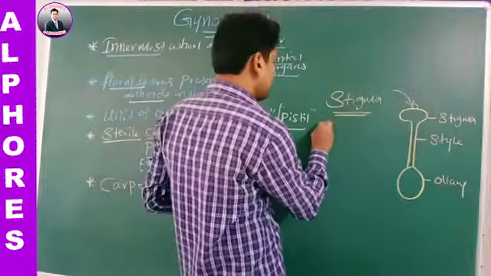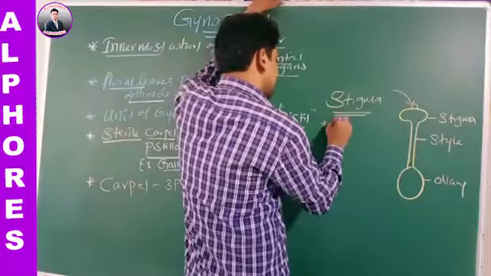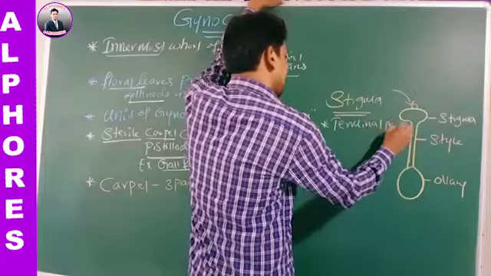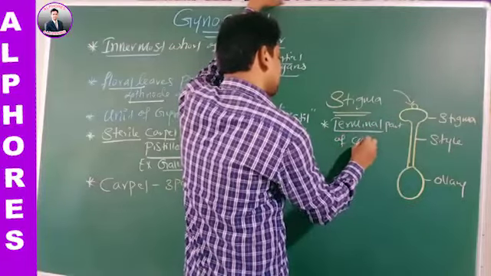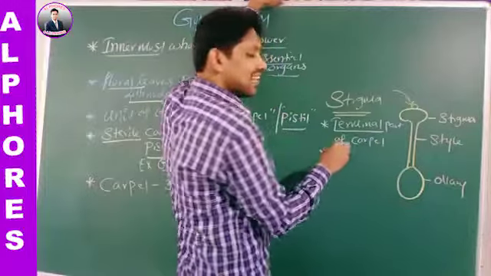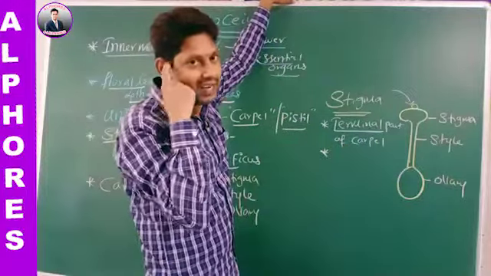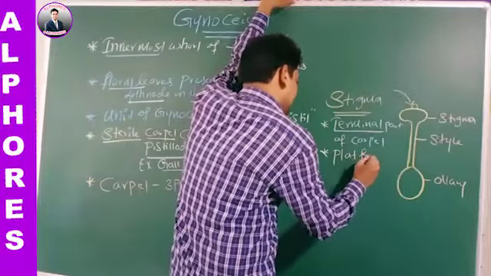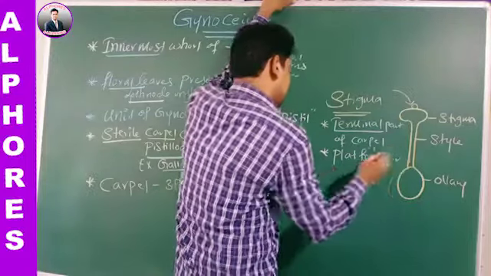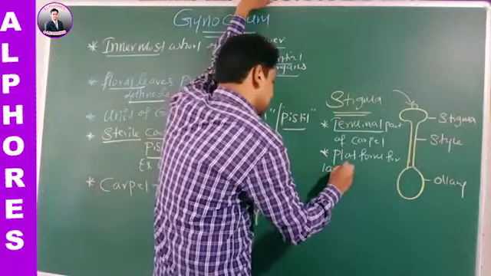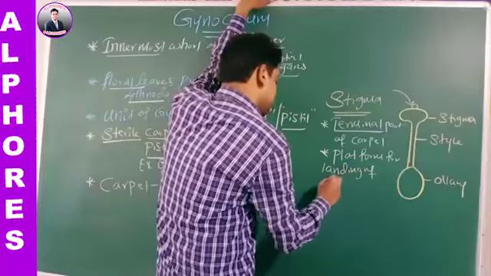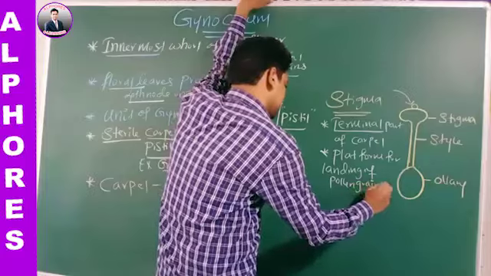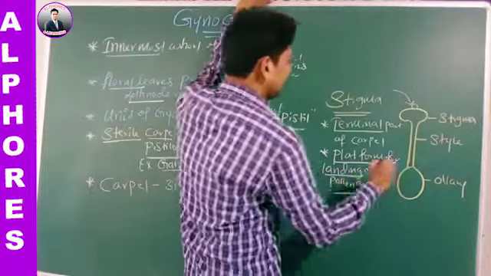Therefore, stigma is terminal part of carpel, and it acts as a platform for landing of pollen grains, right?